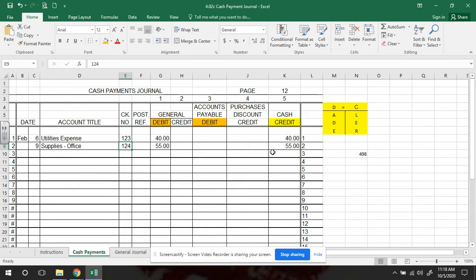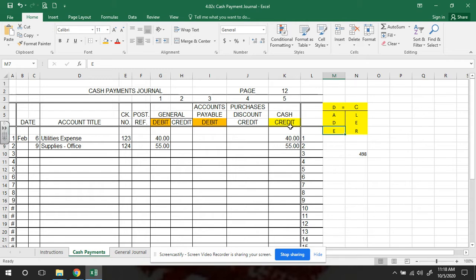My debit equals my credit. Again, supplies are assets, so they increase on the debit side. That makes sense. Expenses increase on the debit side too, so that both makes sense.